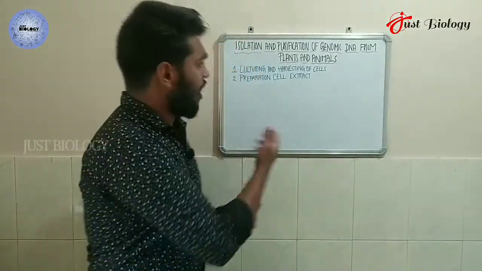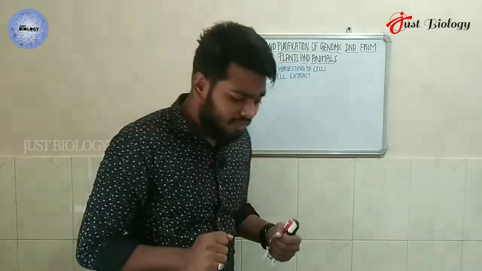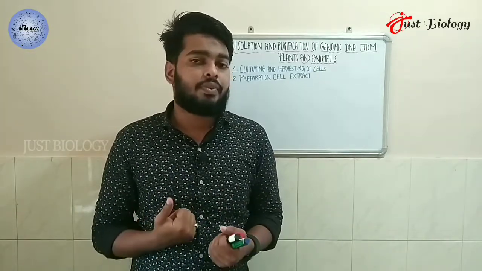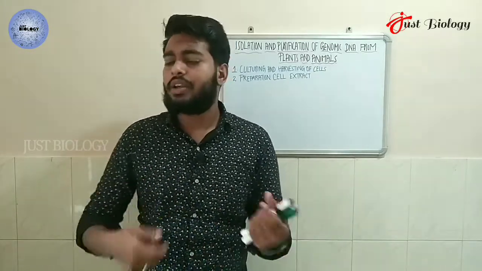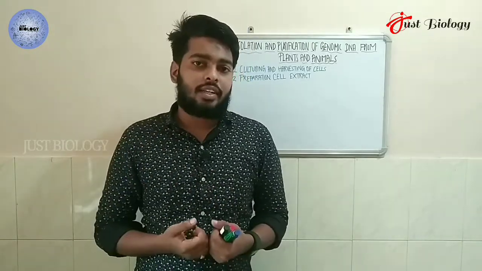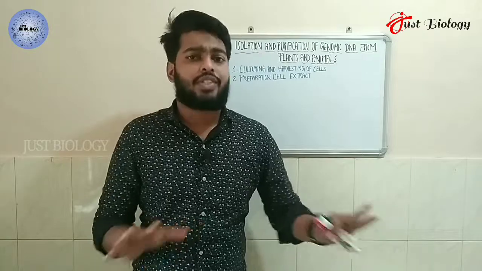In case of plant, if you want to isolate the plant genome, what do you need to do? You just go and get the plant part, then you can crush it and take the DNA. So this is why the protocol will change.